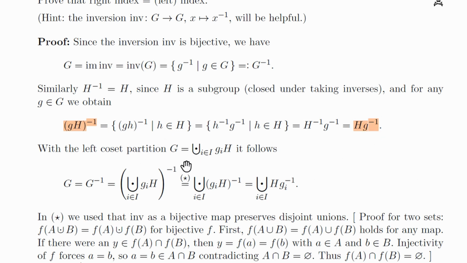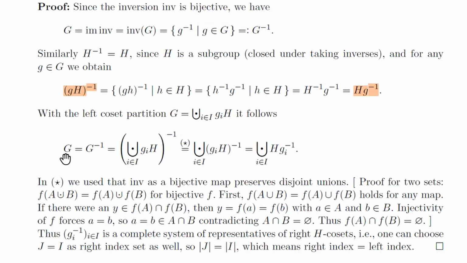Now we already know that G can be partitioned into left cosets, where the index i runs through some index set capital I. It's one of the reasons why I did not call this map lowercase i, because we already have a lowercase i. But I called it inverse. Now we start with the observation that G is the same as G inverse, which by the left coset partition is this here inverse.